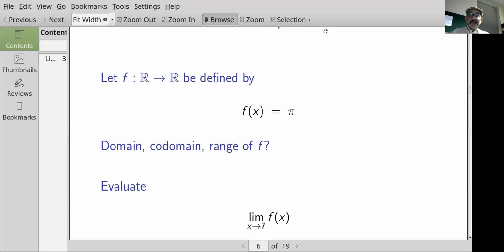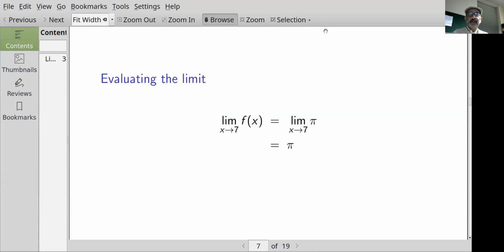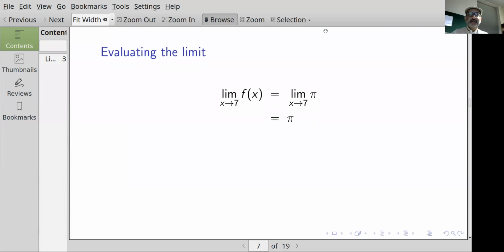Then the function values are arbitrarily close to pi. Okay? And this would be the algebra that you would do to evaluate the limit. The limit as x goes to 7 of f of x equals the limit as x goes to 7. Okay, as x is getting really, really close to 7, f of x is taking the value pi. So it's the limit as x goes to 7 of pi, which is pi.